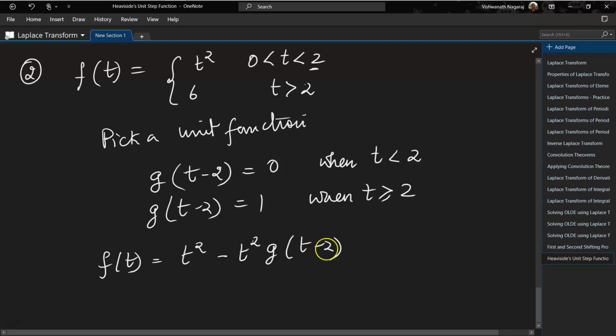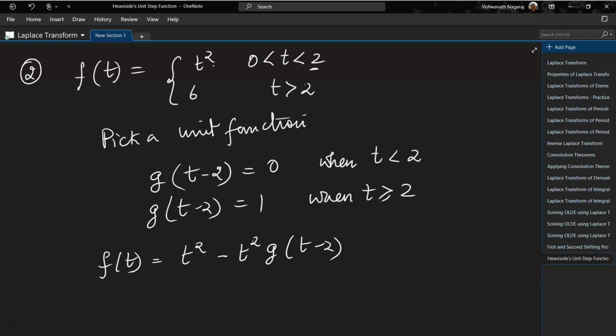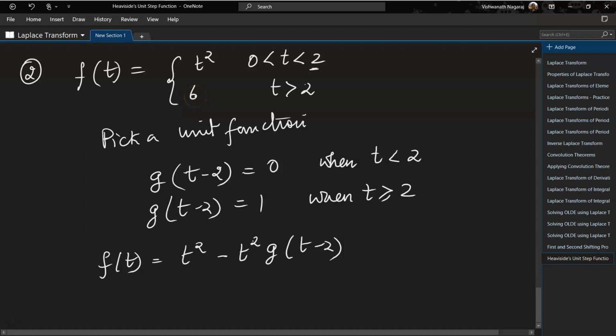Now when t is less than 2, this term will become 0. We will be left with t², which is what we require. But when t is greater than 2, it should be 6, so this should become 1.